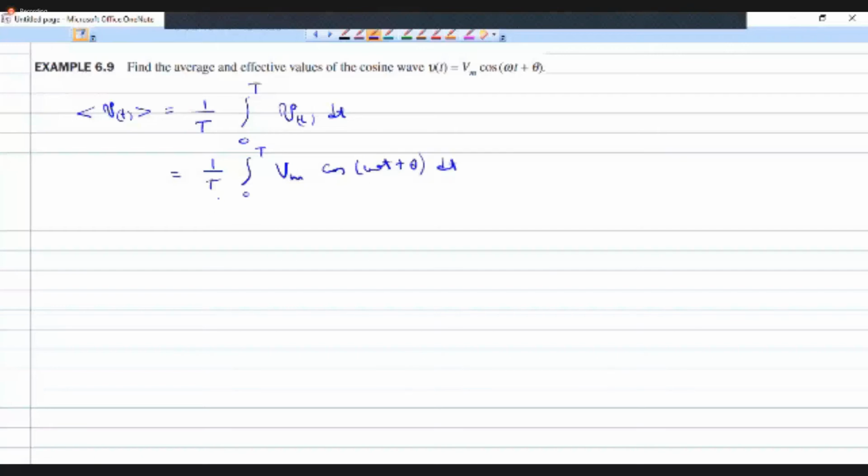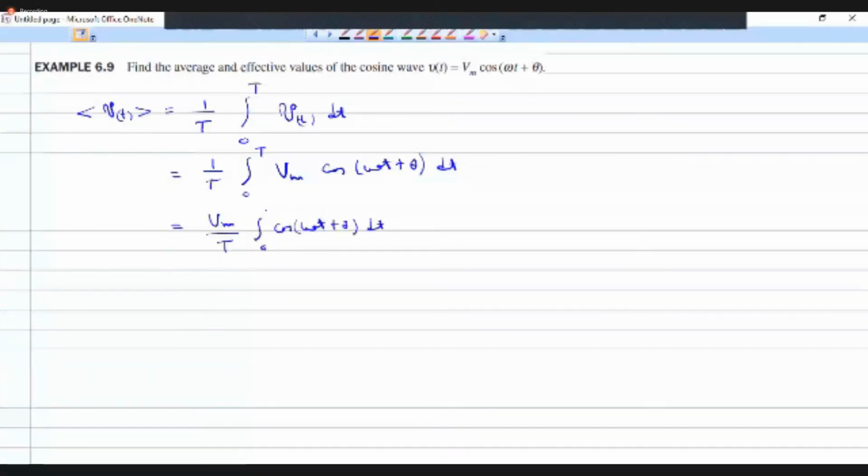So take out Vm from here. So integral of cos(omega t plus theta), I hope you know. So what is it?